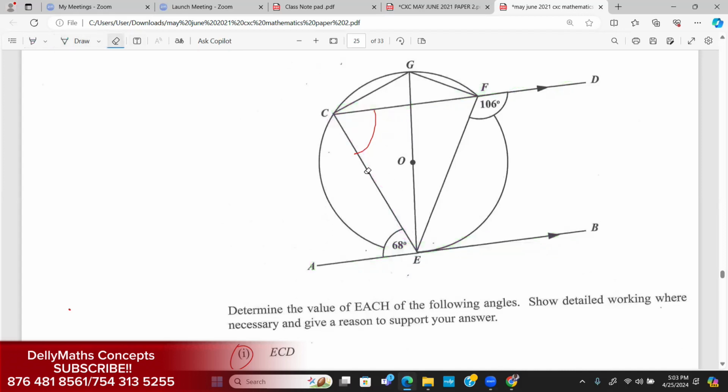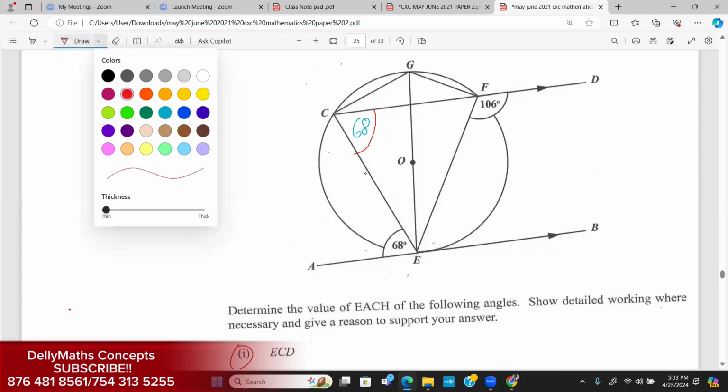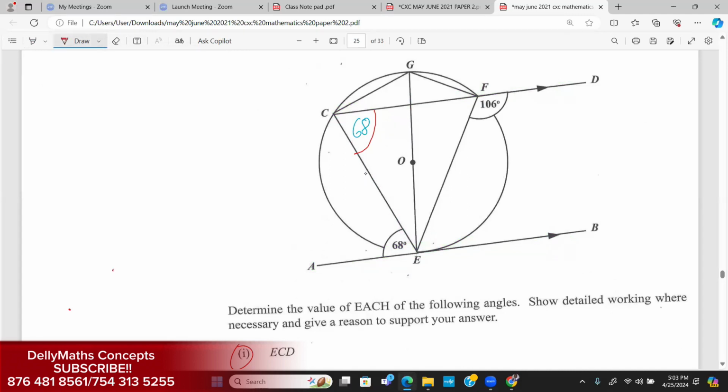One of which is going to help us is the alternate angle. We call it the Z angle. So this angle is also 68 because Z angles are equal. So we are inside the parallel lines. That's one, this is the other. So this angle is that angle over there. So that is 68.